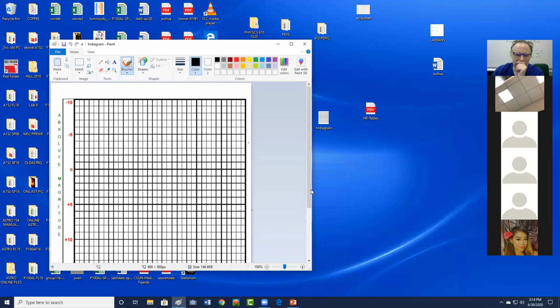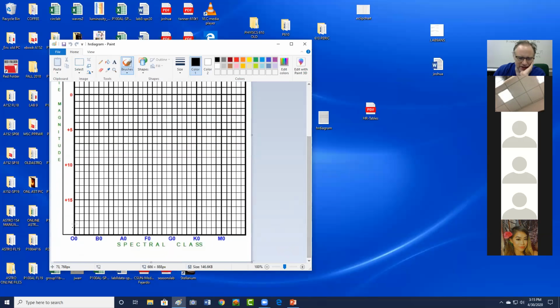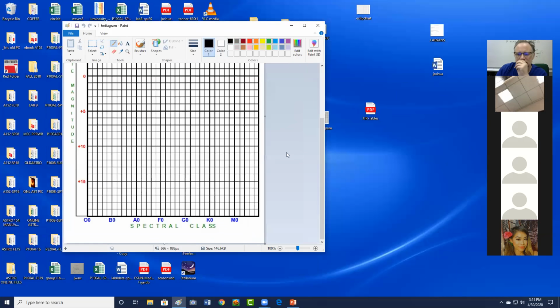I can zoom out when I need to. Notice that I've got the spectral classes across the bottom. I'll grab the pencil, and you can see where my pencil is.